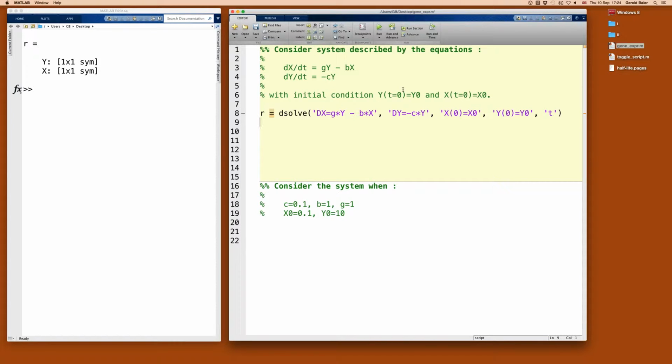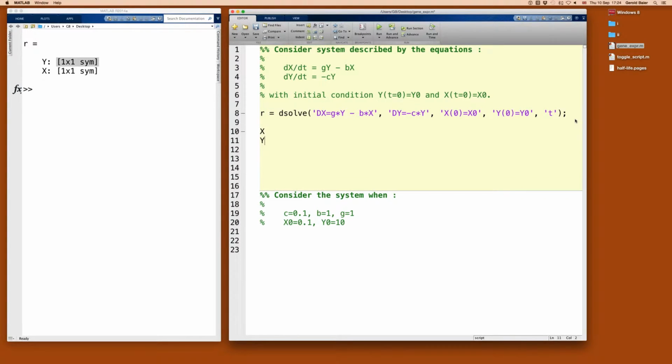Okay. So it's run and it's told us back in our MATLAB window here that R, which is the output to dsolve, has a y and an x component that are one by one symbolic maybe. Okay, so let's see what's inside those things.